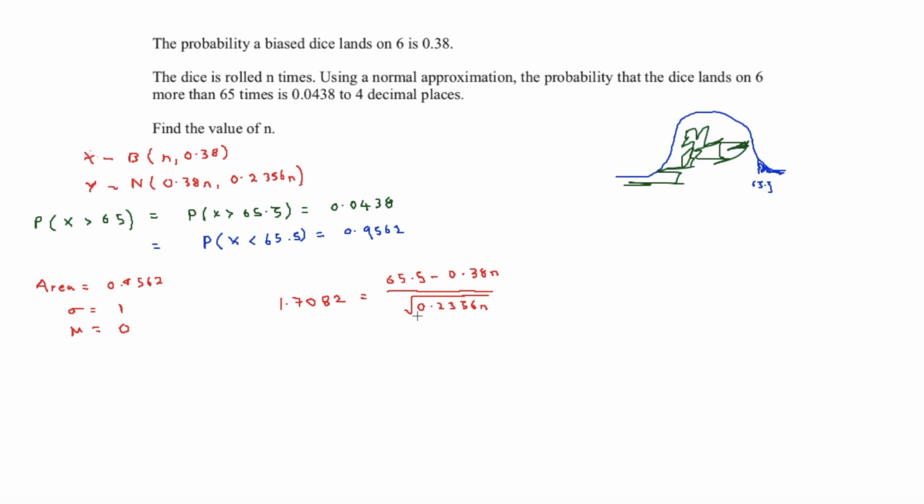So we'll times everything by this bottom bit, the root 0.2356n. Remember that n is square rooted as well.